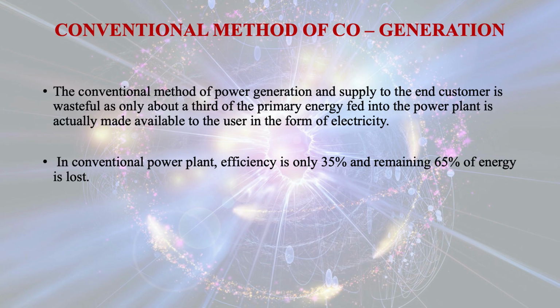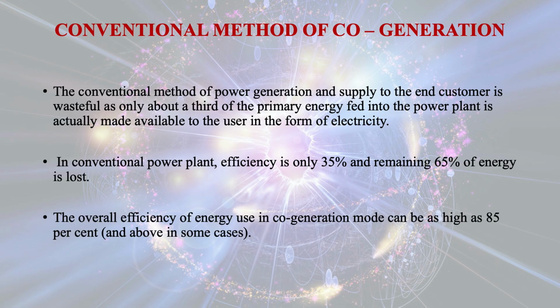In conventional power plant, the efficiency is only 35% and the remaining 65% of energy is lost. The overall efficiency of the energy used in cogeneration mode can be as high as 85% and above in some cases. Now let us take an example.